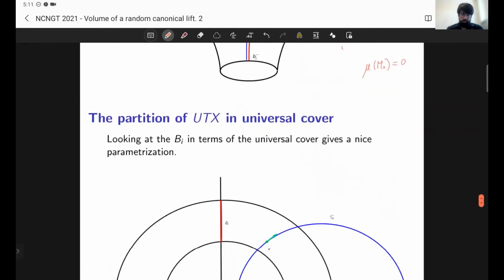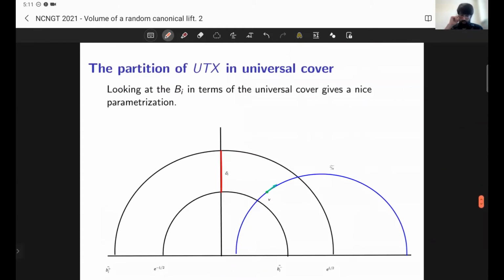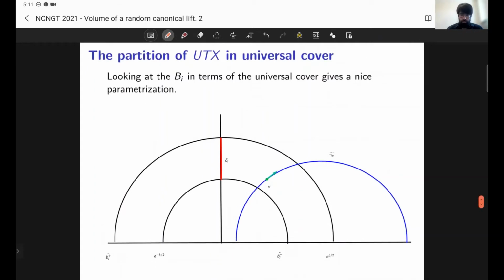And if you look at these V_i in the universal cover, they actually have a nice parameterization. Here's how you can parameterize them. You can look at the lift of the red orthogeodesic in the previous picture, so that it corresponds to the vertical axis in the upper half plane.